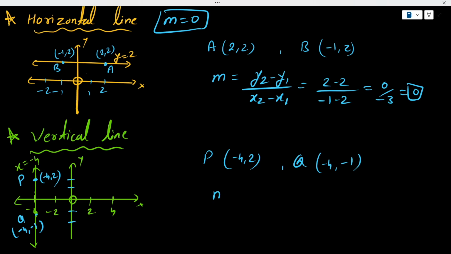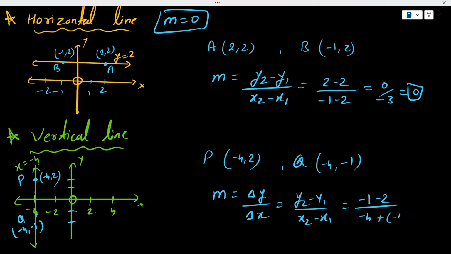Now how are you going to calculate the gradient? Again, change in y by change in x, which is y2 minus y1 by x2 minus x1. Now in this case you will see for different y you are having the same x coordinate, right? This is minus 4, so it will be minus 3 by 0.